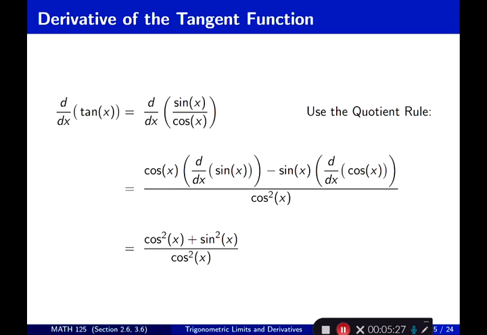Now, derivative of sine of x is cosine of x, so the first term is going to be cosine squared x. The derivative of cosine of x is negative sine of x.